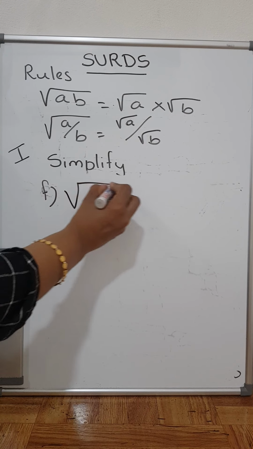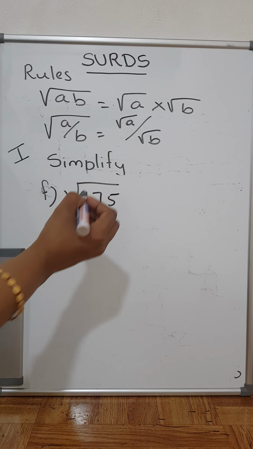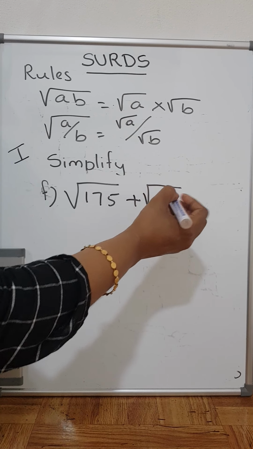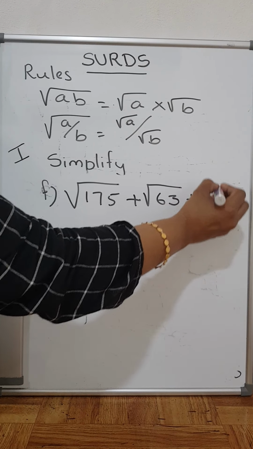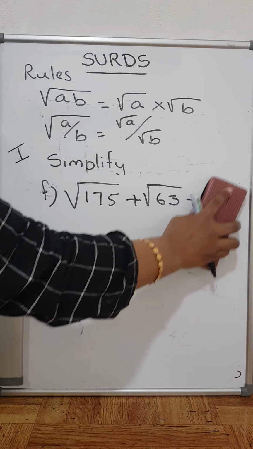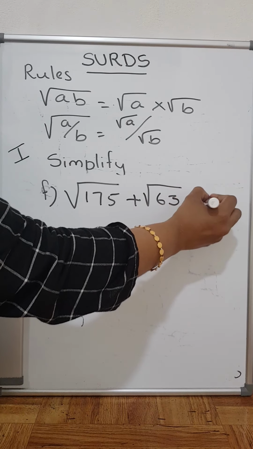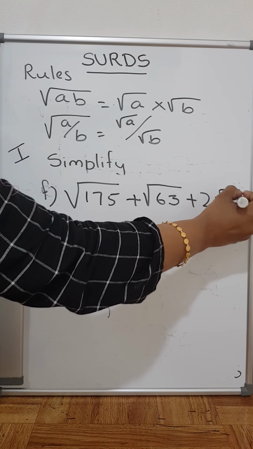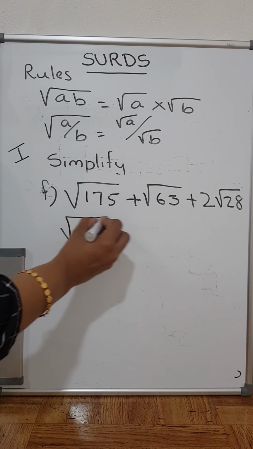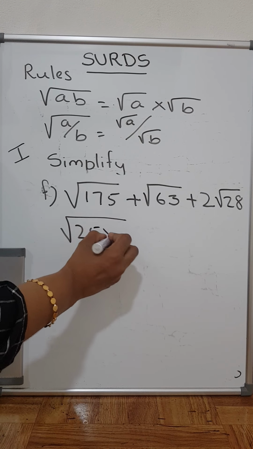Square root of 175 plus square root of 63 plus 2 times root 28. We have to simplify it. So first 175 we can write as a factor of a square number. We know 175 is 25 times 7.